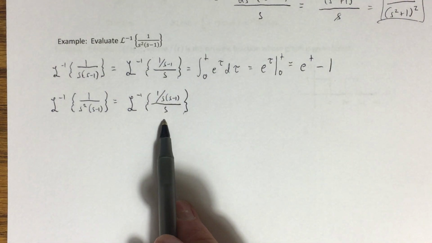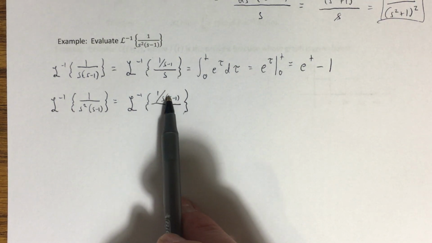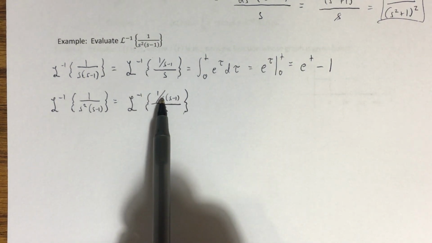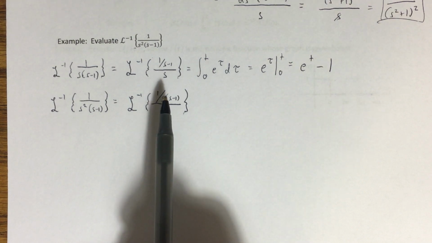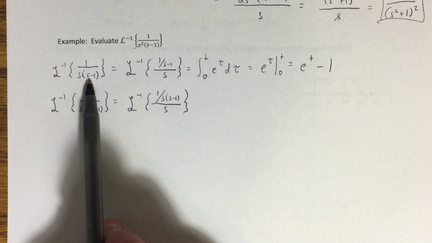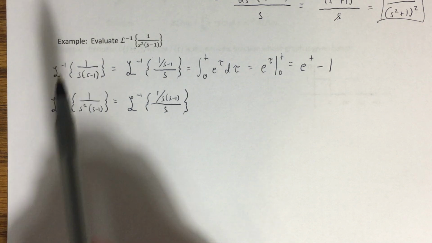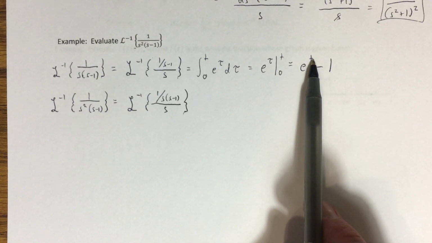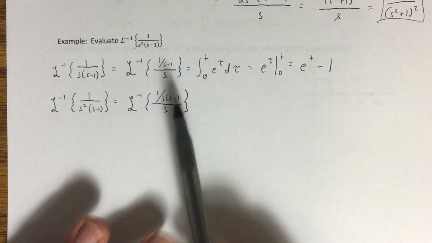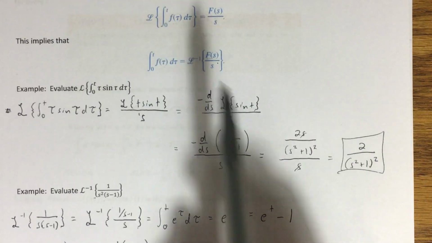Notice once again, I've put it in the form of a function of s over s. But this function that's up here in the numerator is the same function that I already found the inverse Laplace transform of over here. So we know that this is the Laplace transform of e to the t minus 1.